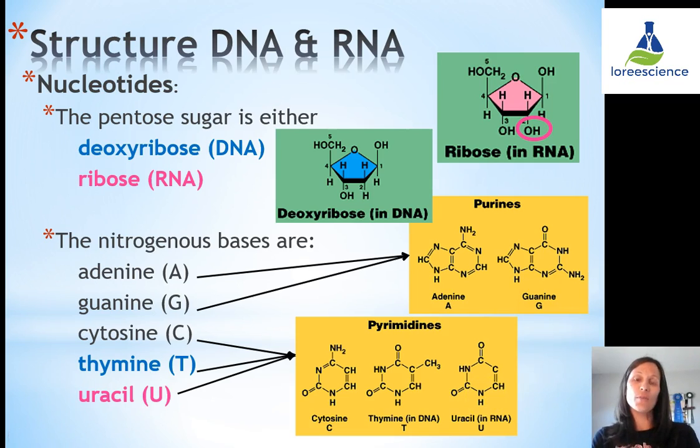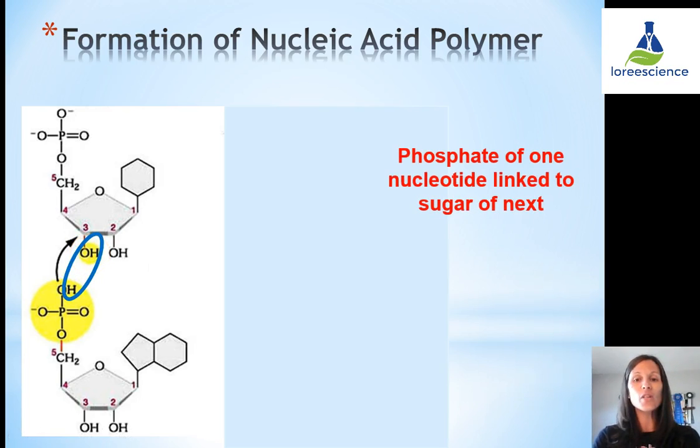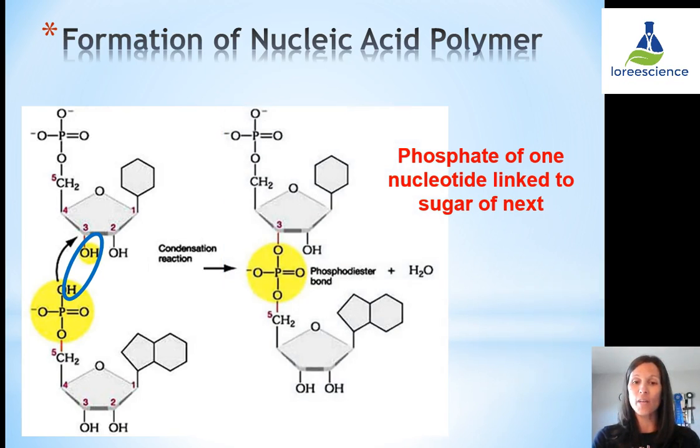So how do we go from these nucleotides to actually making the polymer? Well, we take a look at the nucleotides, and it's the phosphate group of one that interacts with the hydroxyl group of the next. And just as we've seen in other dehydration synthesis, we have the loss of a hydrogen and a hydroxyl, which will result in a covalent bond. So the phosphate of one nucleotide links to the sugar of the next via a condensation reaction, meaning that we have the production of water.